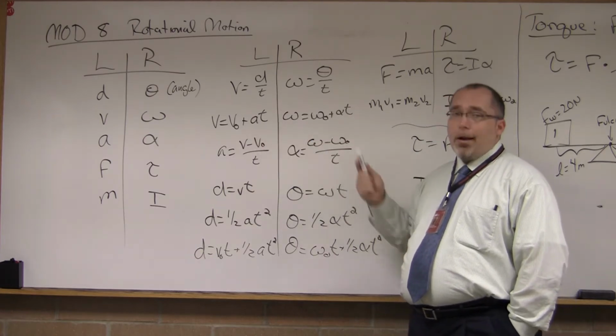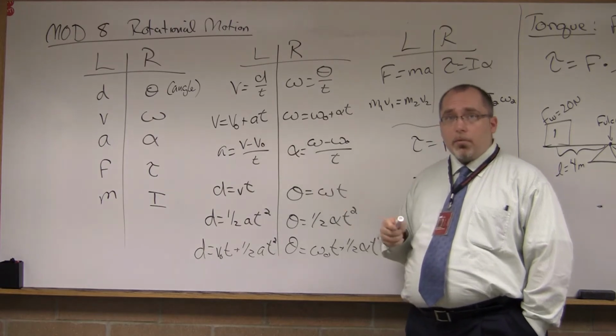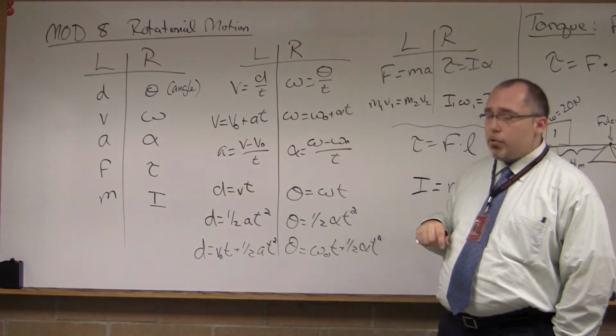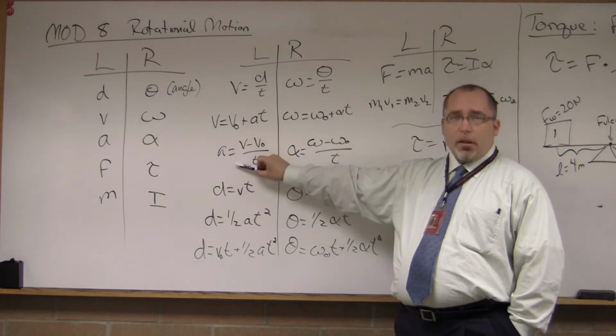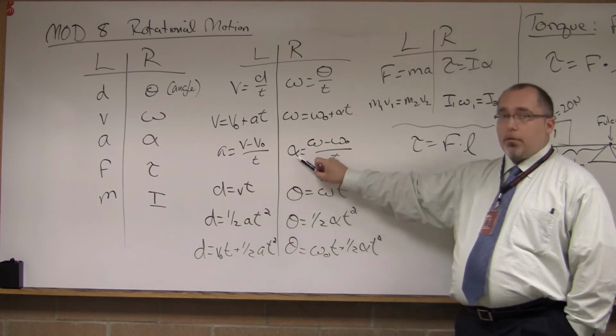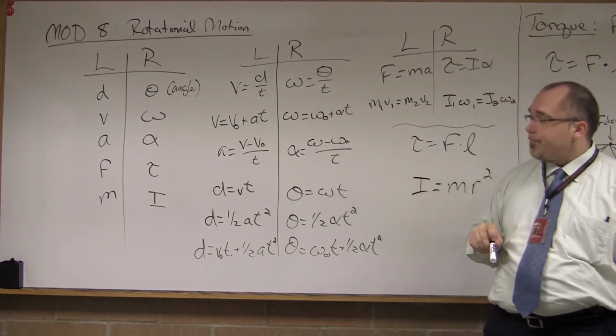Notice mathematically they're identical. It's just different symbols to represent the linear as opposed to the rotational motion. Same thing with your basic acceleration formula, final minus initial velocity over time. So rotational acceleration is final minus initial rotational velocity over time.